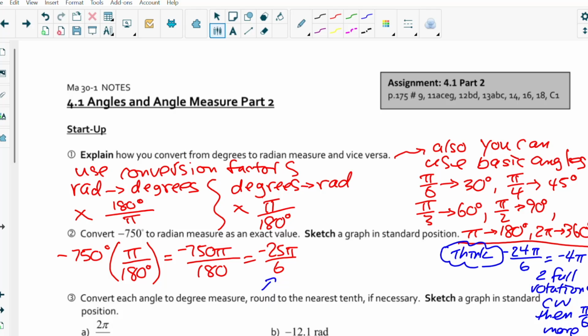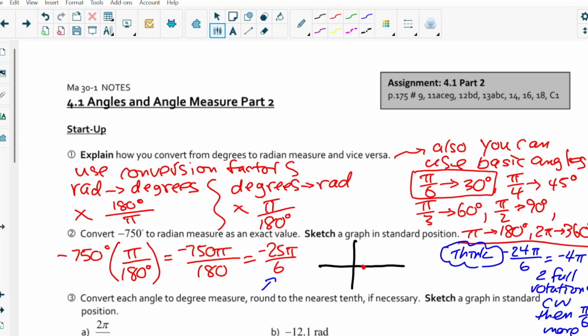I want you to think this way when you're sketching things in standard position, so it makes it a lot easier to think about. So let's do it. I'm going to go 2 full rotations, then pi over 6 more, which is 30 degrees more. Let's start here. We're going clockwise because this is a negative angle.